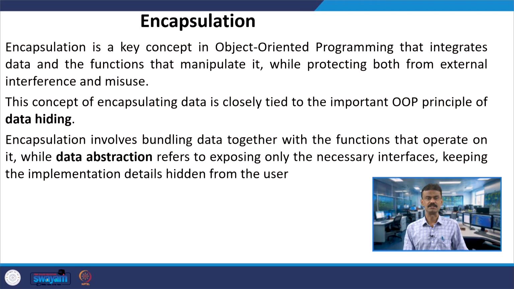We know that a class contains several member data and member functions in C++, or data members and methods in Java. When you are using these member data and member functions, how do you protect them from external interference and misuse? Suppose I have declared data members that I want to use only inside that particular class.